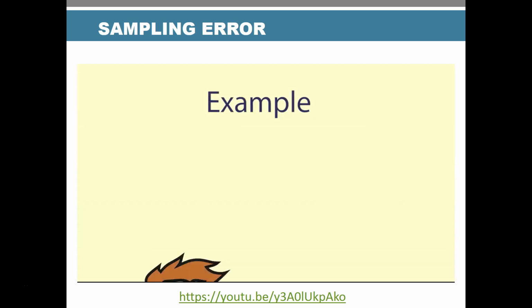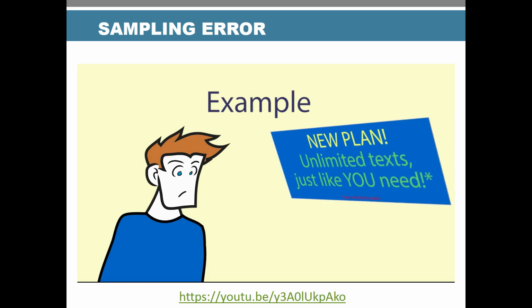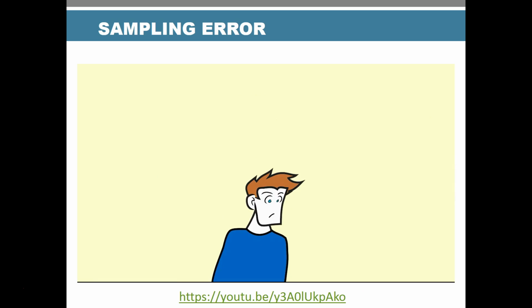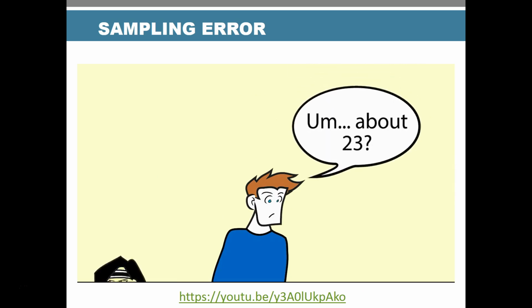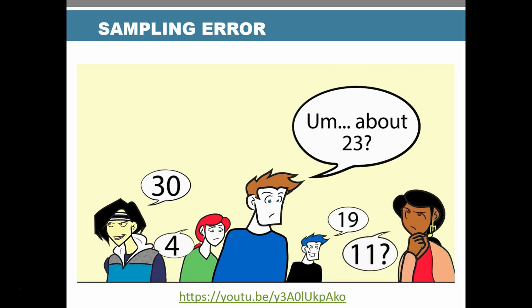For example, say we want to know how many texts on average a 19-year-old student sends in a day on their mobile phone. This could be useful when setting up a pricing scheme to attract students. We could ask one 19-year-old student, but we know that not all 19-year-old students send the same number of texts in a day. There is natural variation.